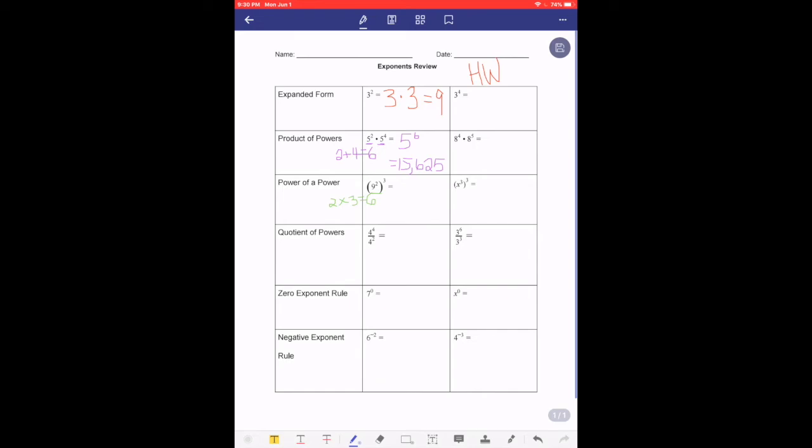The base here was 9. And I want to make that exponent 6. So 9 to the 6th power. And if we put that in our calculator, well, we'll get 531,441.